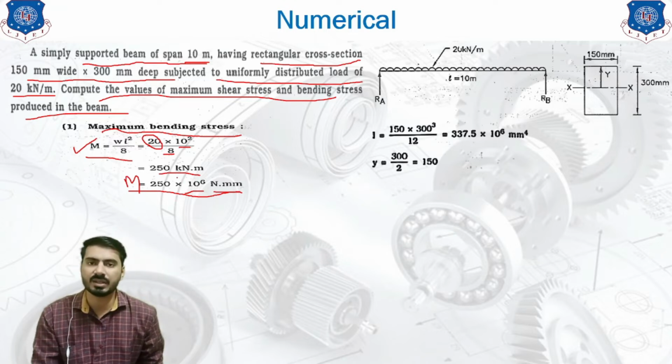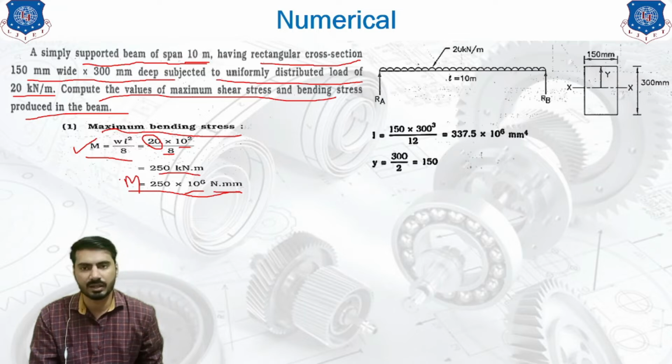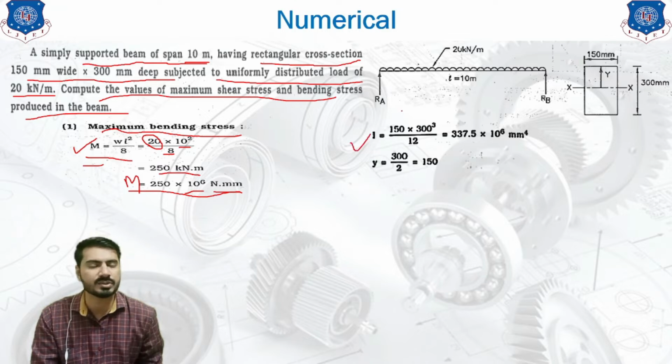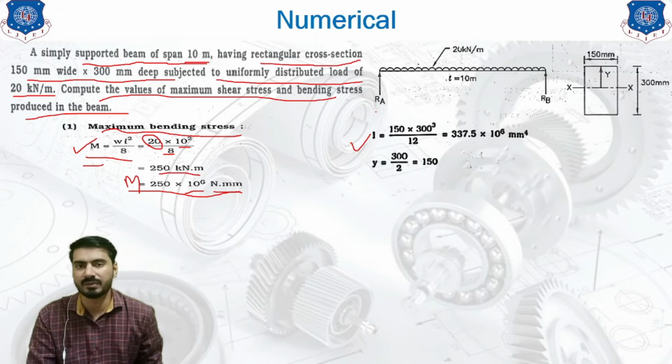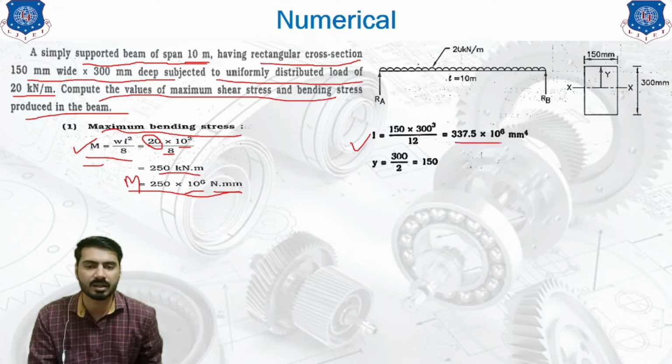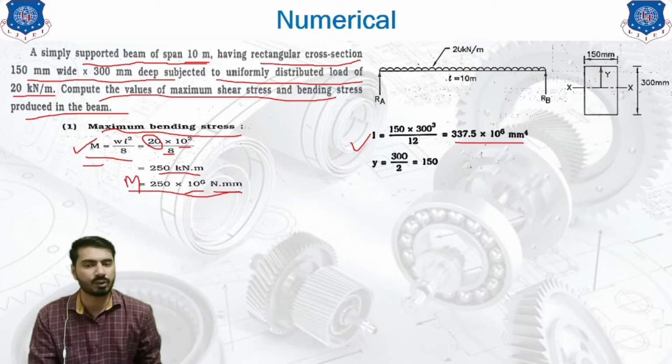Another thing that we require is the cross section properties, like the moment of inertia of the cross section and the y distance. First we calculate the I value using bd cube by 12, a very well known formula for the rectangular shape. b is 150 and d is 300, divided by 12, which gives the answer in mm⁴.